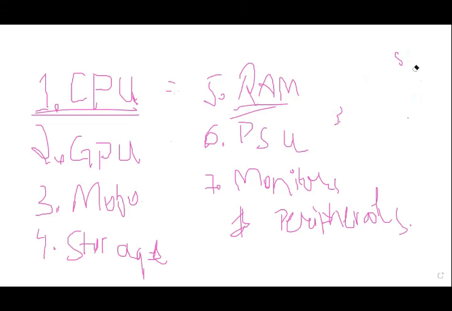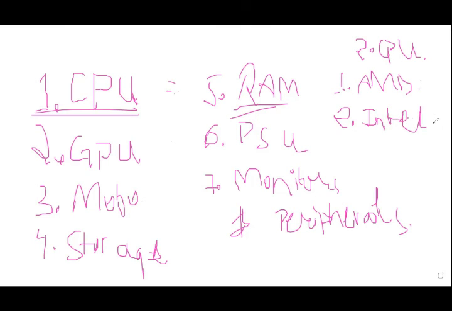Now that we know what a CPU is, we can move towards CPU companies. There are two major CPU companies. One is AMD, or Advanced Micro Devices, and the second is Intel.